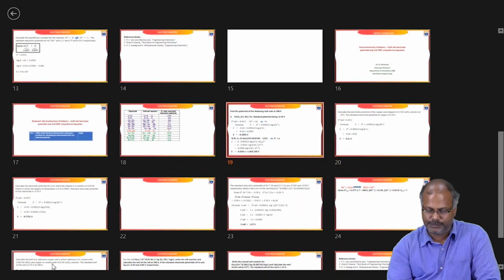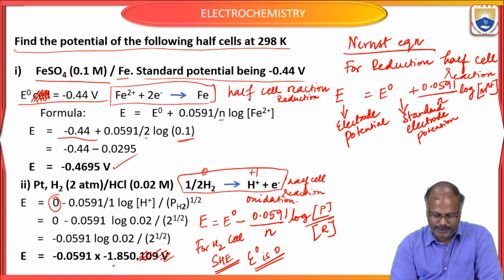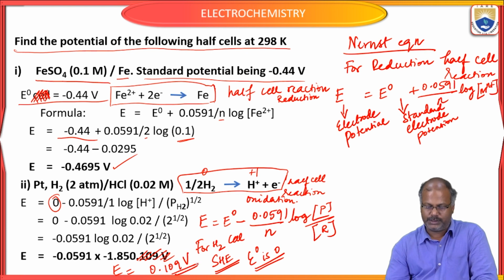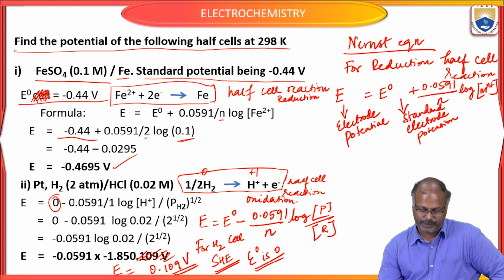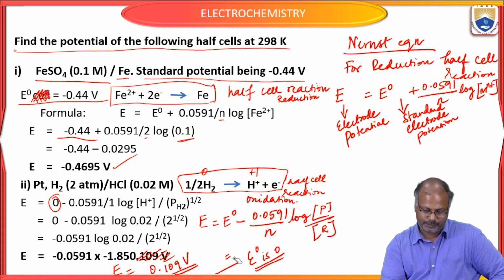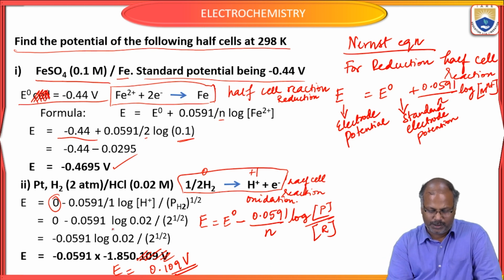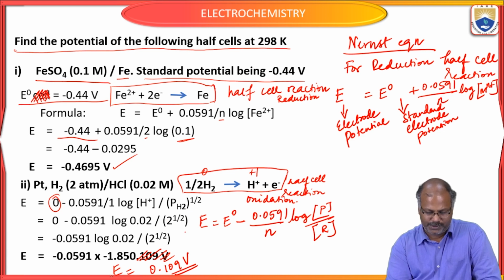If you substitute the log of 0.02 by 2 to the power half, which is root 2, you will get the answer E equal to 0.109 volts.